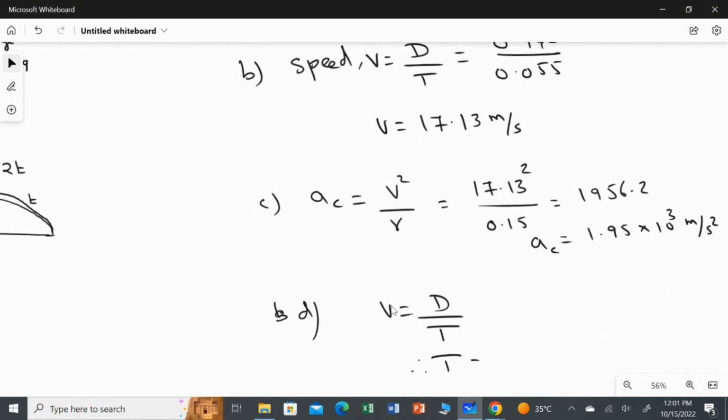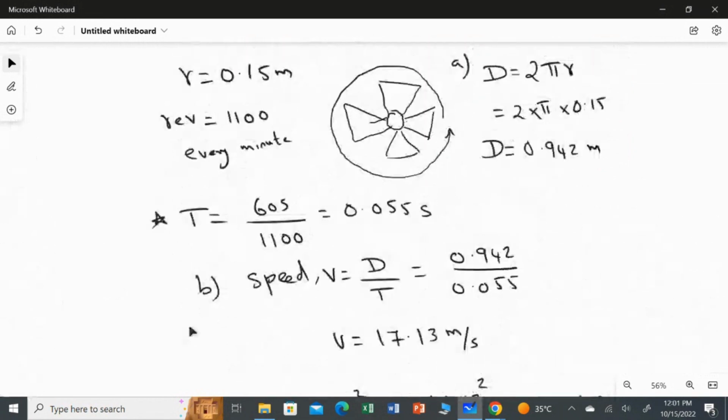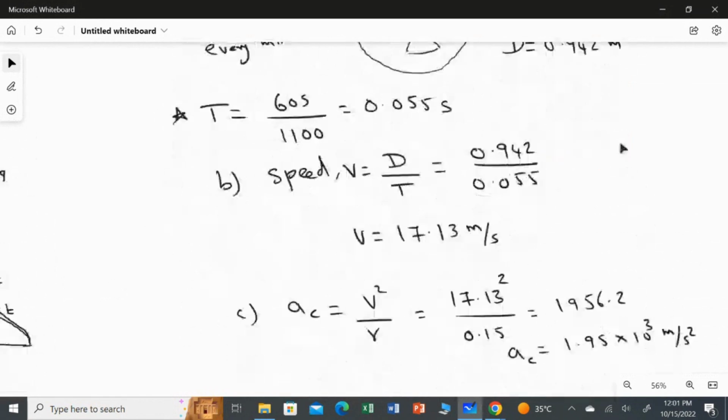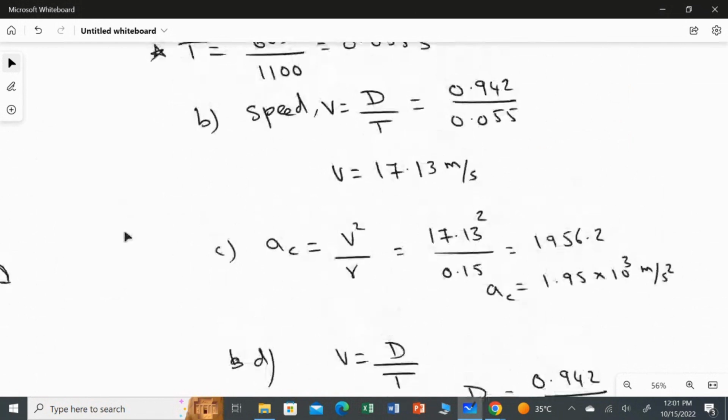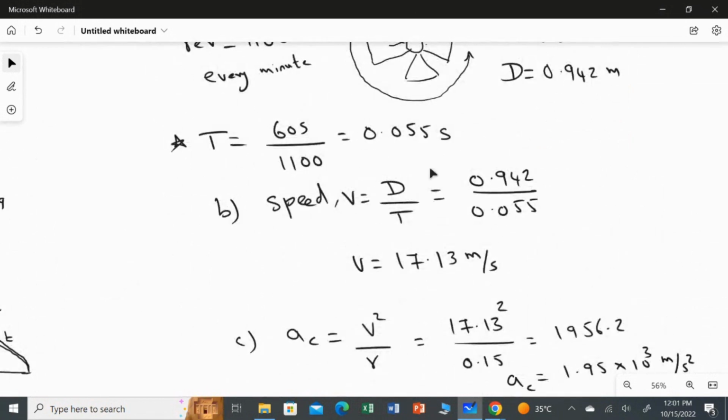Therefore, the time period is equal to distance over speed. The distance we found here as 0.942 over, what is the speed? 17.13. When you work out this number, you will get the same answer as what we got here.